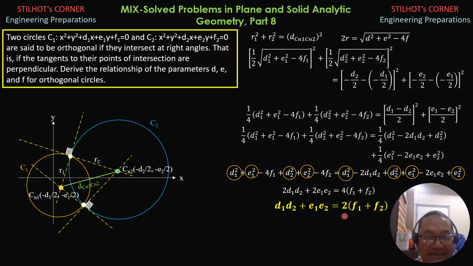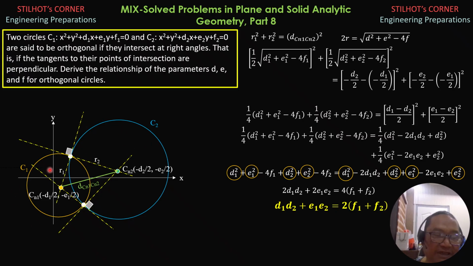So that's it. Now, in a case where another circle, third circle, is orthogonal to these first two orthogonal circles, then the center of that third circle must be lying on the radical axis of these two circles.